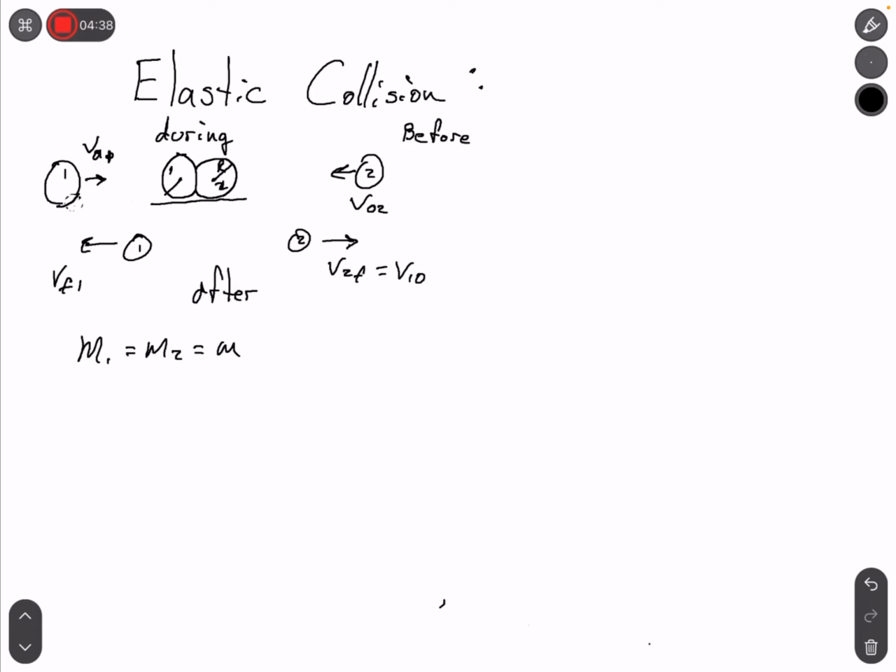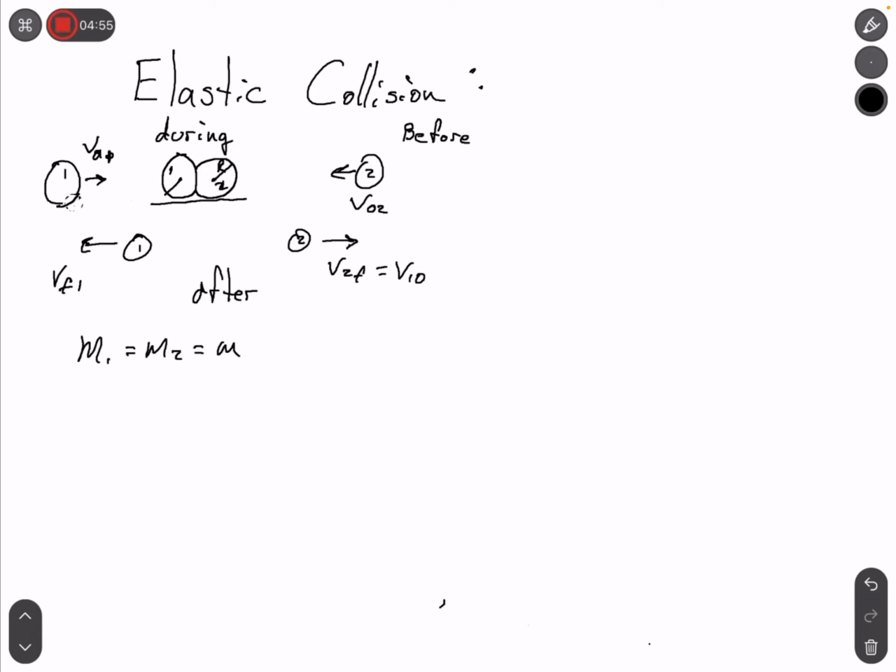But let's define something here. The internal kinetic energy is the sum of all the energies for all of those things.